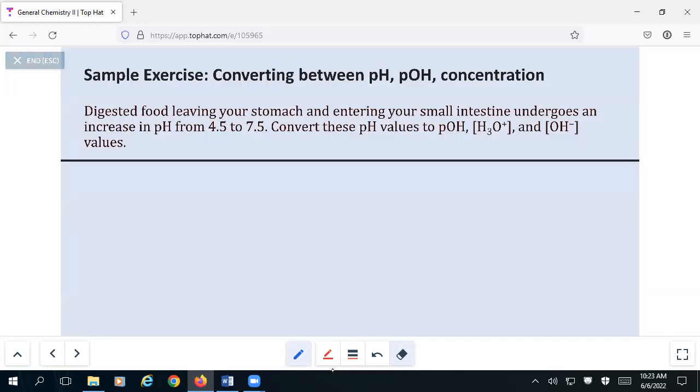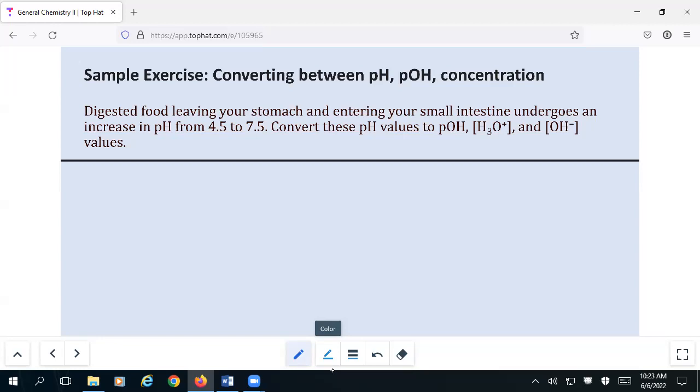So let's take a look at an example. Digested food leaving your stomach and entering the small intestine will undergo a pH change from 4.5 to 7.5. Convert these pH values to pOH, hydronium, and hydroxide concentrations.